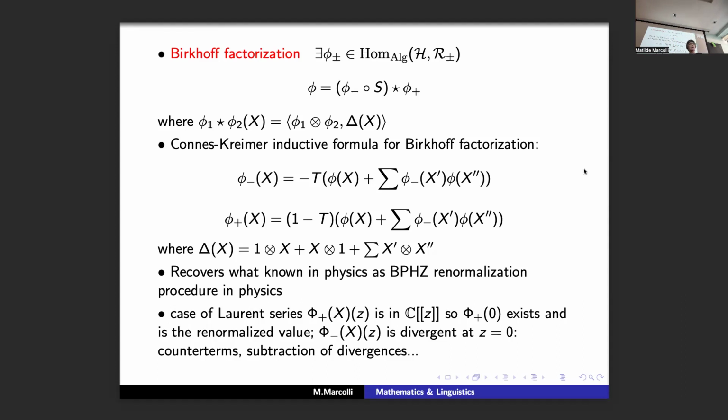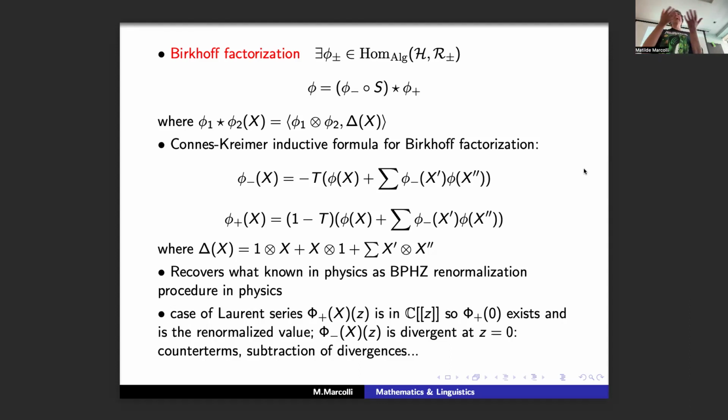What's the seed of the induction? Where does this start? Is it the tree of the apples? Yeah, so the first term you have is the primitive part of the coproduct. So it's just x tensor 1 plus 1 tensor x. So the first term is the part that's coming from the primitive part. And if you only had the primitive part, then it means that you have no subdivergences.